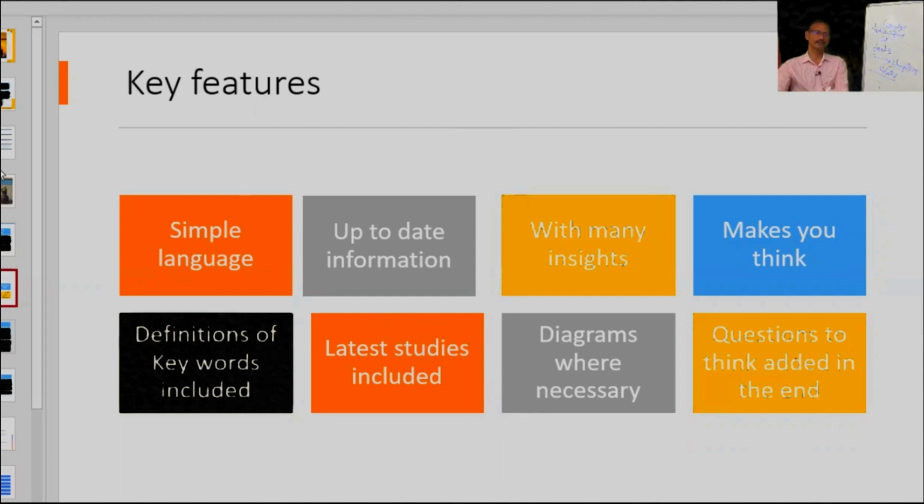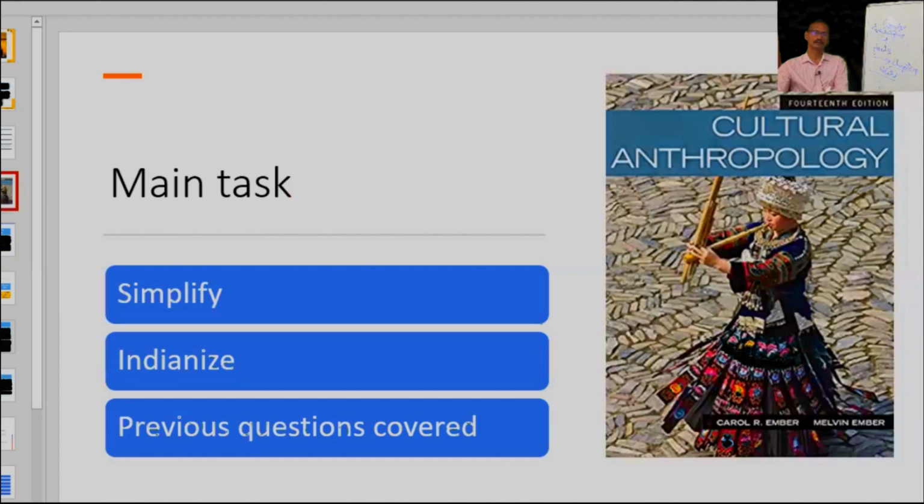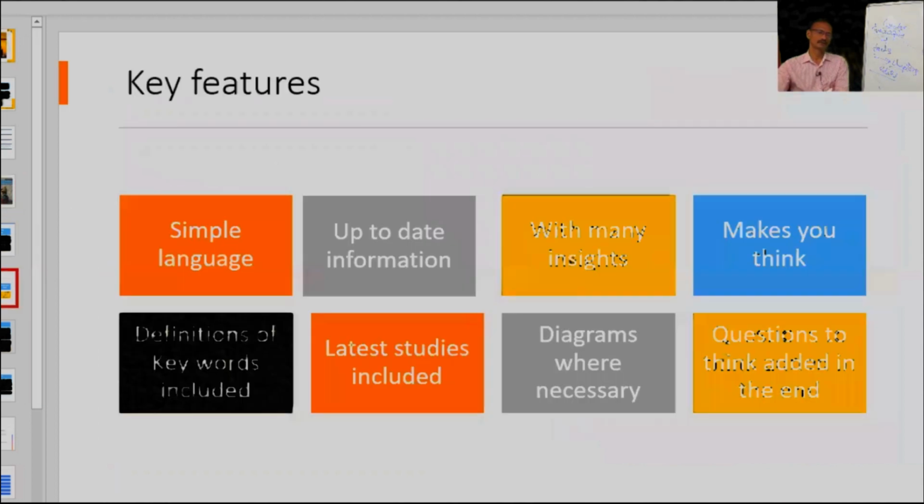I followed the latest edition of Ember and Ember, and I took the data from it. For example, evidence for a particular aspect, reasons for polygyny, reasons for polyandry, or studies on homosexuality. I took the latest from this recent edition. Diagrams were necessary, as diagrams are necessary in kinship studies.